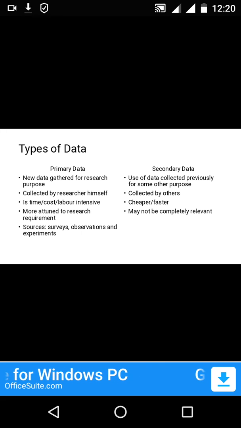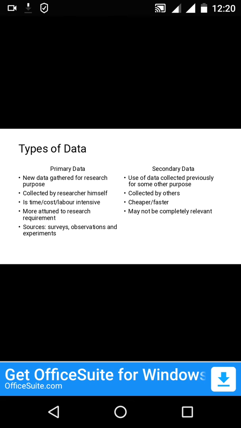It may not be completely relevant to your research, because naturally it was collected by somebody else for his or her own research, and now you are simply sourcing it from him. It may not exactly suit the requirements of your own research, and that is why you may have to rely on primary data, even though it is costlier, more time consuming, more expensive.